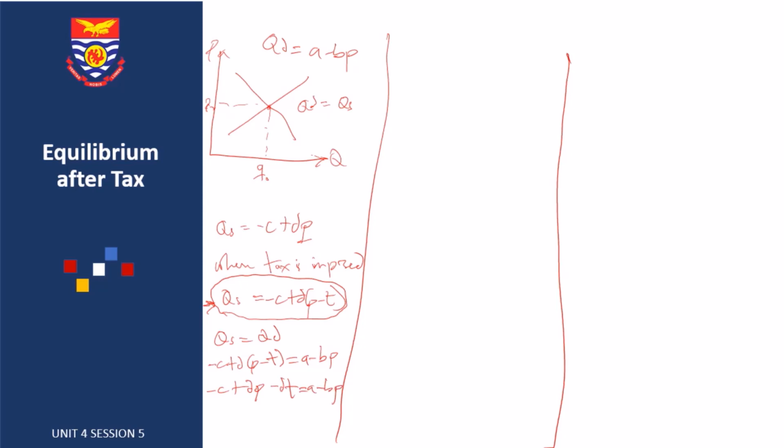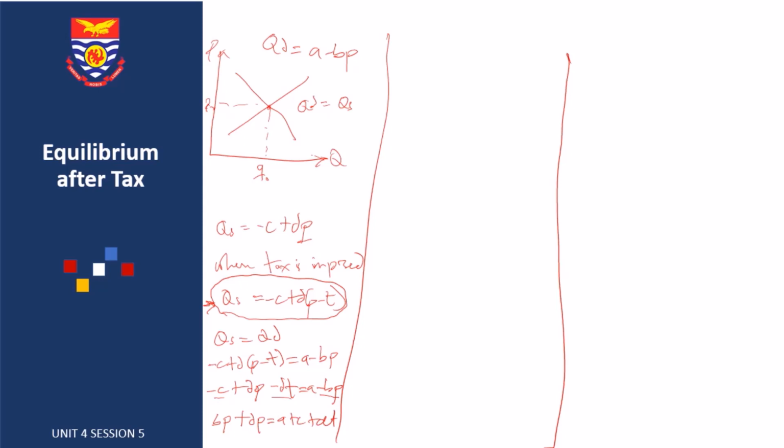I want to group like terms and keep all the P's together so I can make P the subject. So I bring the minus C and minus dT to the other side. Here I have dP plus BP, which will be equal to A plus C plus dT.